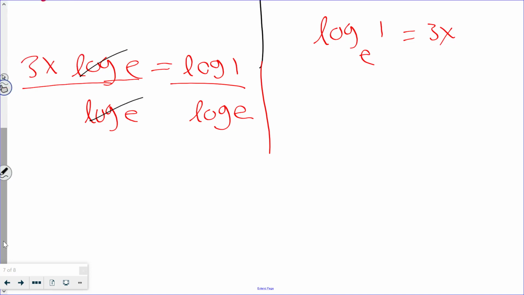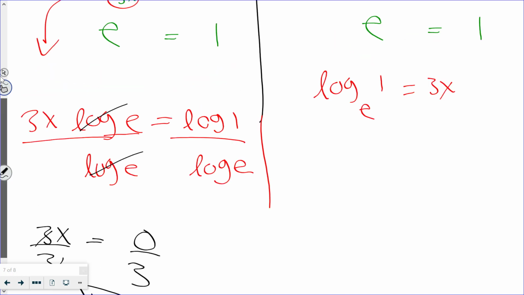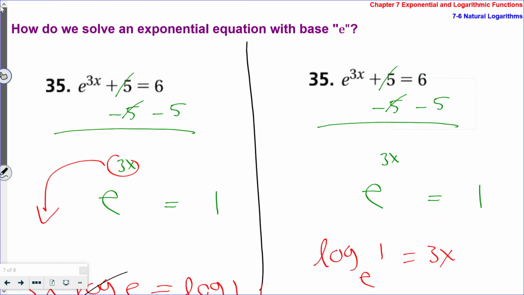So now we have 3x. What is log 1 divided by log e? 0. 3x equals 0. Divide both sides by 3. And x equals 0. Which is our answer. X equals 0.